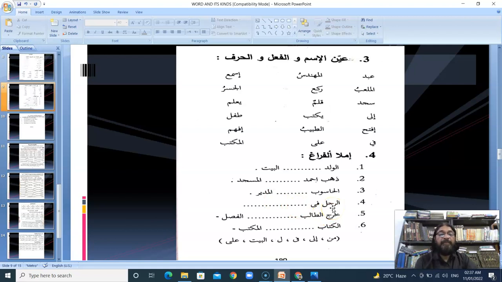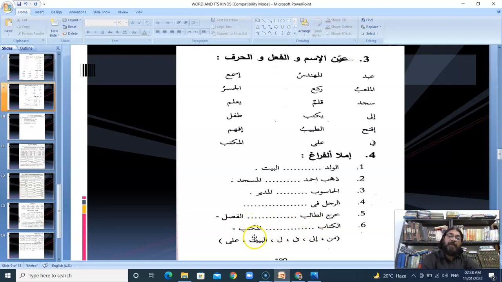Ar-rajulu, the man, fi, in, then dash al-bayt. Ar-rajulu fil bayti, the man is in the house. Then kharaja, also went out. At-talibu, the student, dash al-fasl, the classroom. So here should be min. Kharaja at-talibu min al-fasli, the student went out from the classroom.